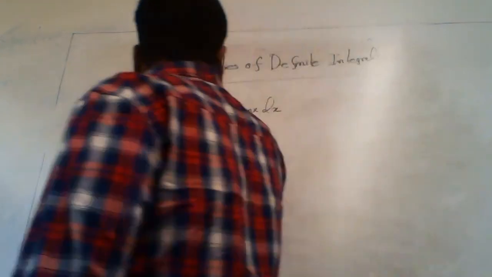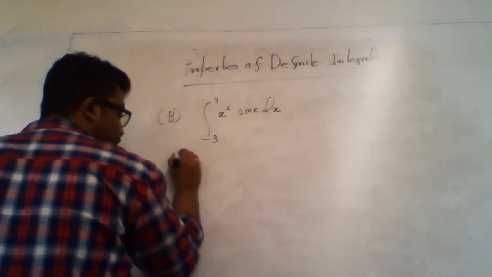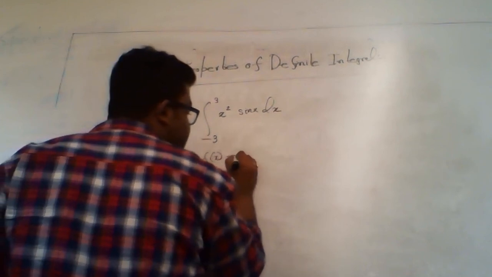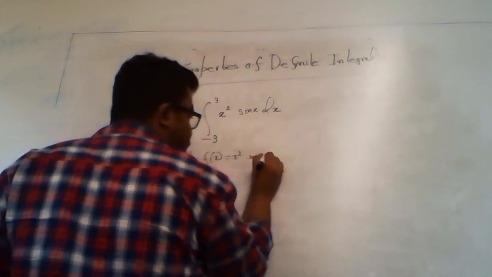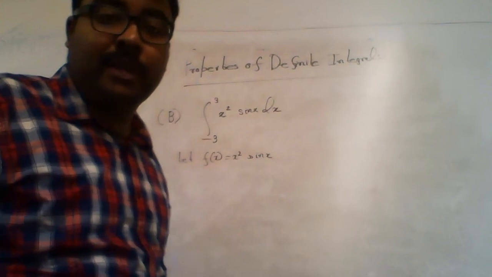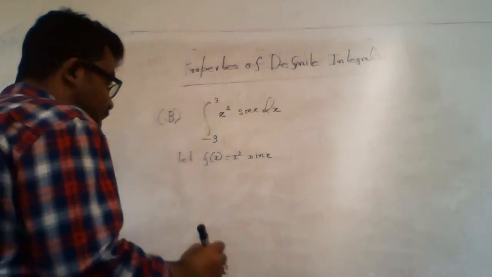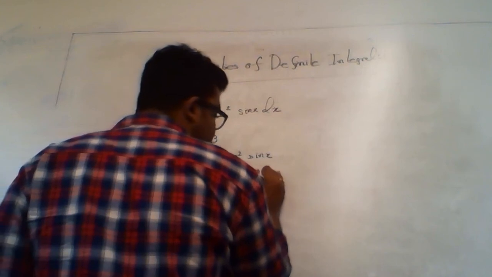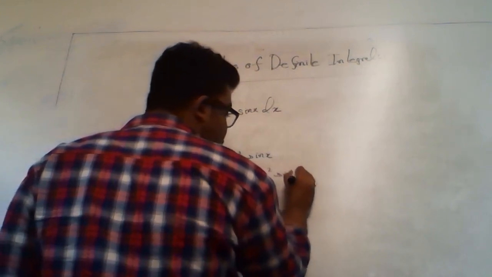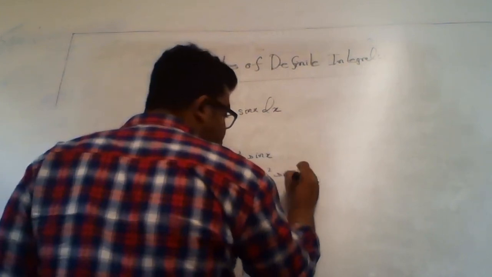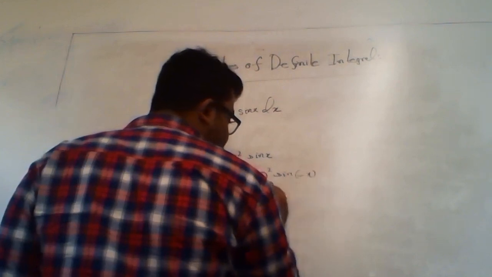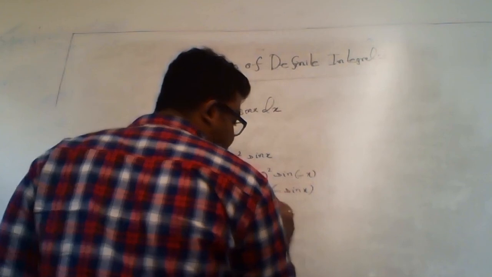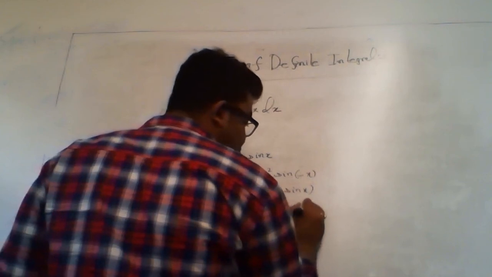So let's take this as my function. Let f x equal x square sin x, and let's check whether this function is an odd function or not. If I compute f of -x, I get (-x) whole square times sin of -x, which is x square times minus sin x, which is minus x square sin x.